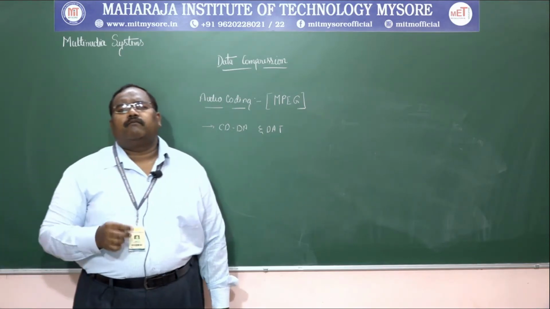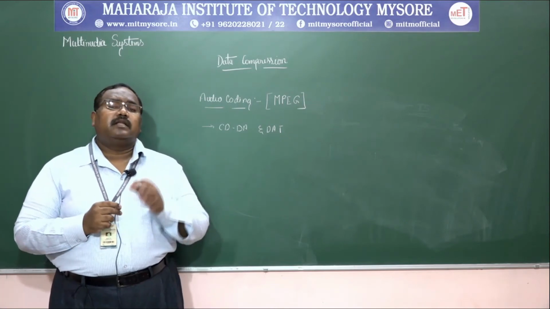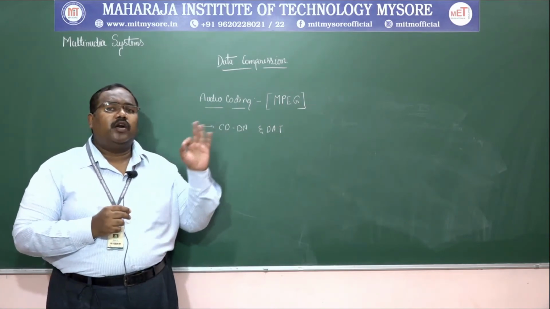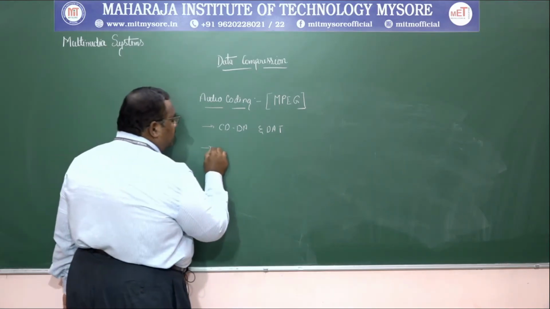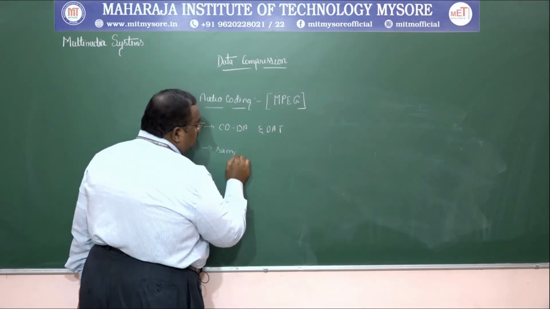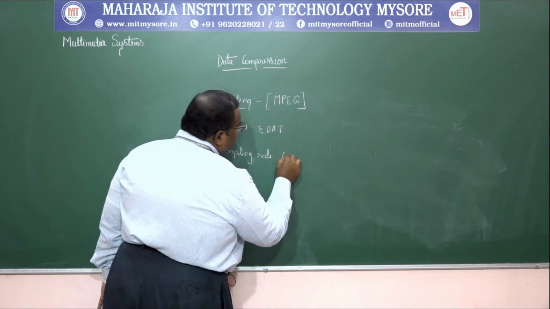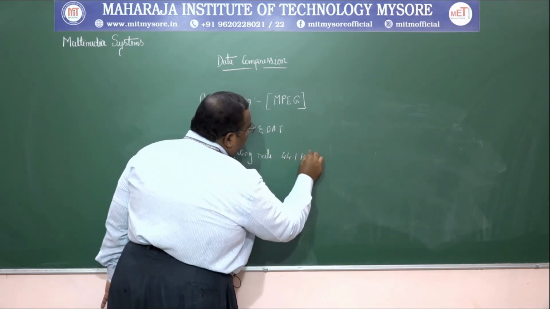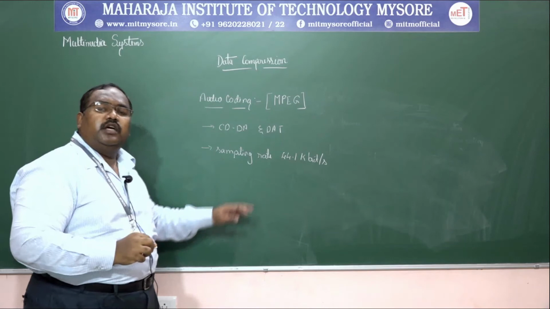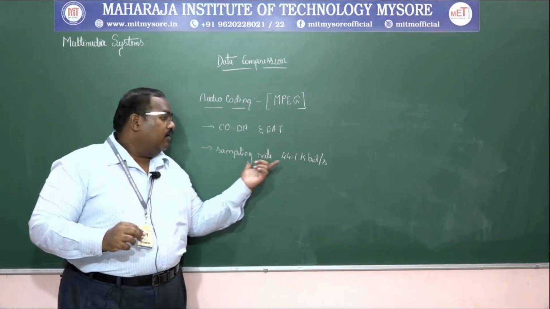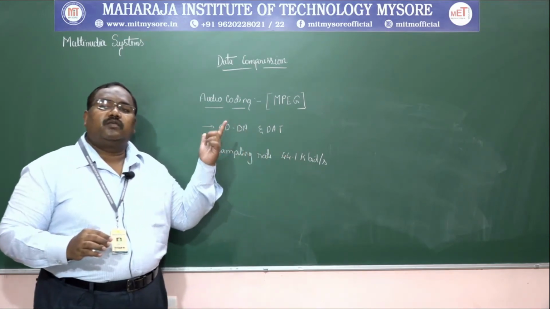It is important to know the criteria, which is the choice of sampling rate. The main concept behind audio coding is the choice of the sampling rate. So what is the choice with respect to the sampling rate? Here they are mainly concentrating on 44.1 kilohertz.